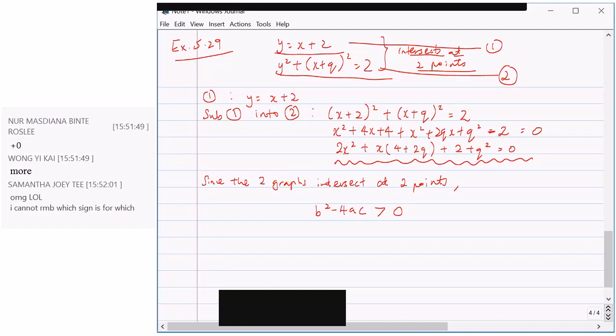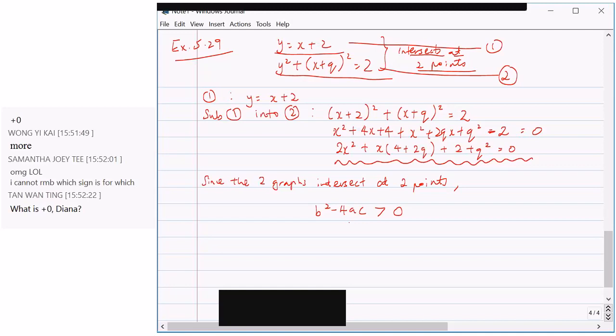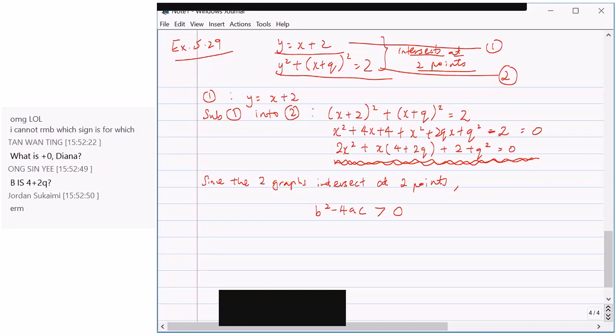So discriminant b squared minus 4ac must be bigger than 0. Where do I get the b, a and c from? I get them from the resulting quadratic equation. Get me the b, please. Jordan, b, please. Xingyi, you are correct, but I want Jordan to answer.